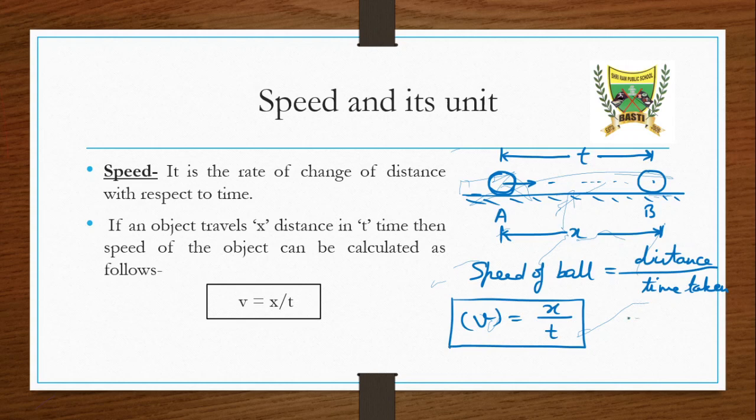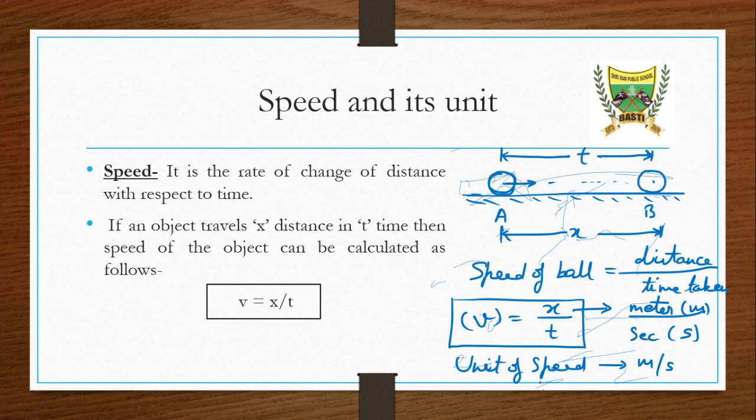Now we know that distance is measured in meter, and the time is measured in seconds, small s. So the unit of speed has become meter per second.